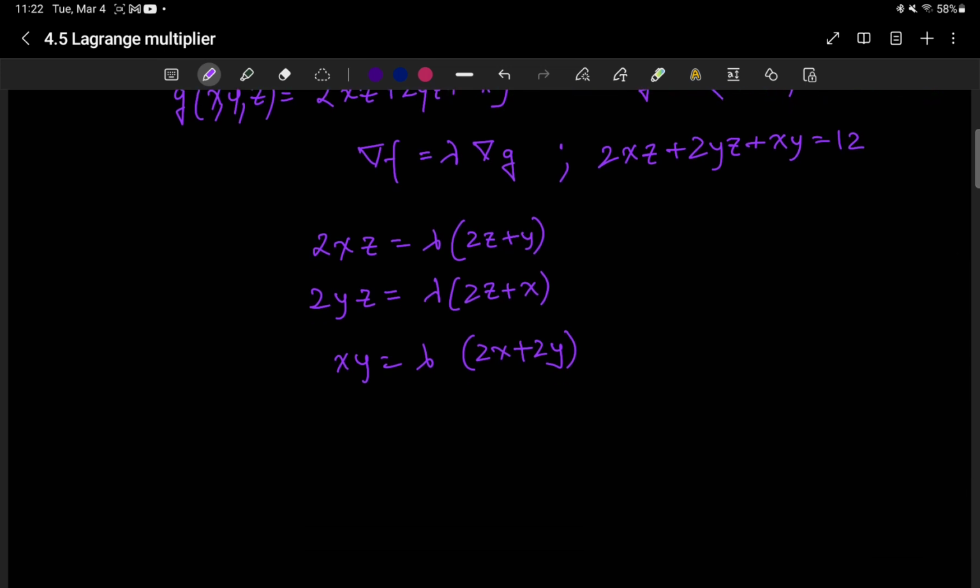Now, how do we solve these equations, right? We need all of these statements to be true. Now, there is no standard method of solving this as such, so we are going to have to do something.